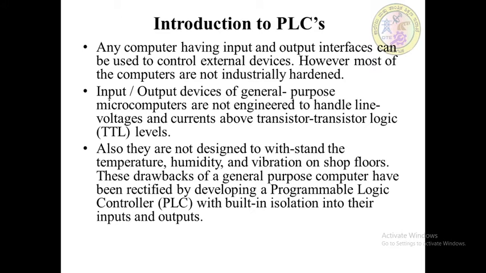Also, they are not designed to withstand the temperature, humidity, and vibration on the shop floors. These three drawbacks of a general purpose computer have been rectified by developing a programmable logic controller with built-in isolation in its input and output.